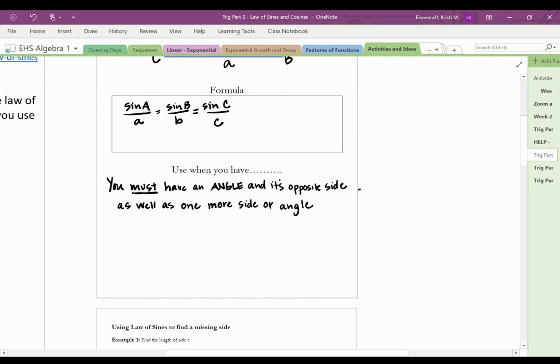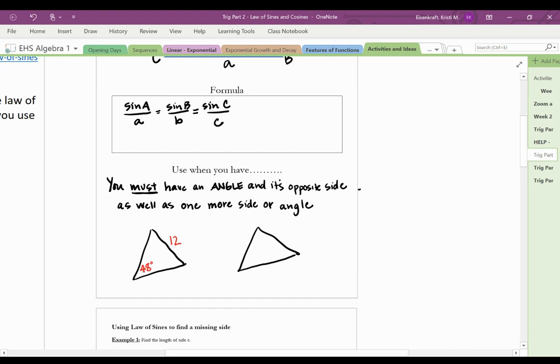So let's just draw a couple triangles here. Let's say that we had this angle, let's say it was 48 degrees. And we knew this was side length of 12. So right away, this is good news.